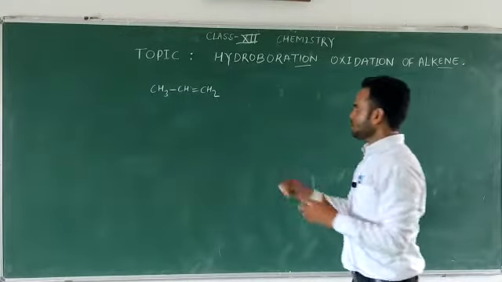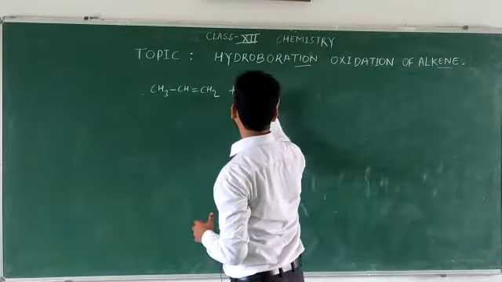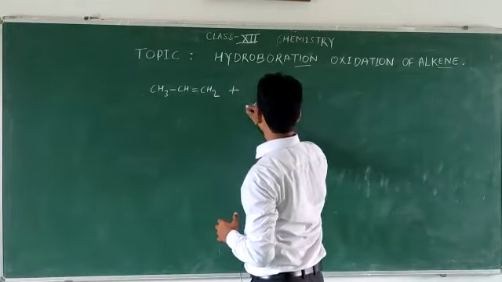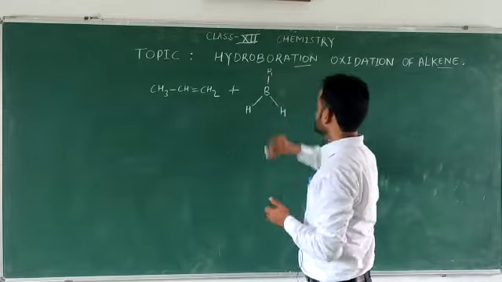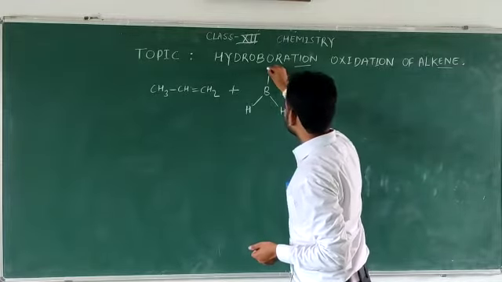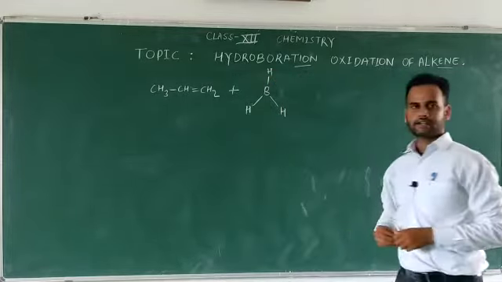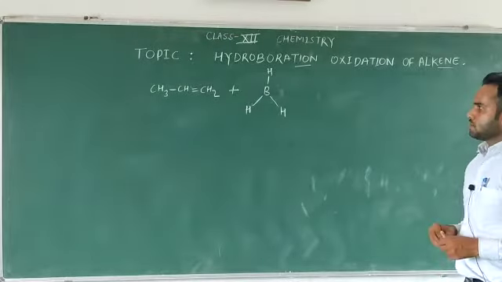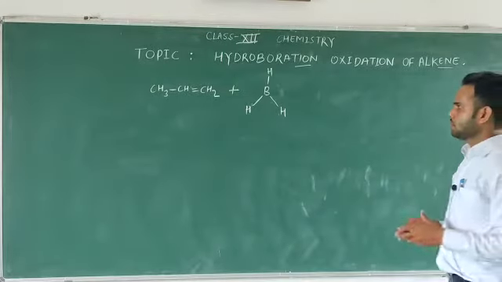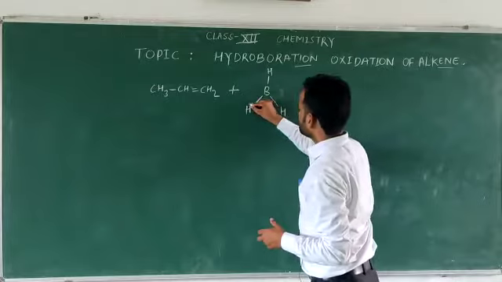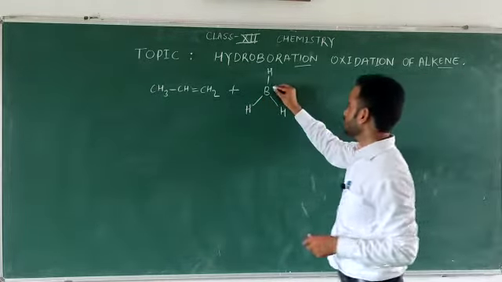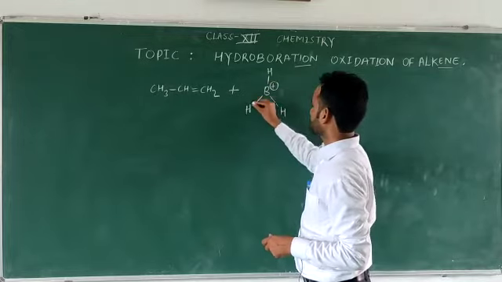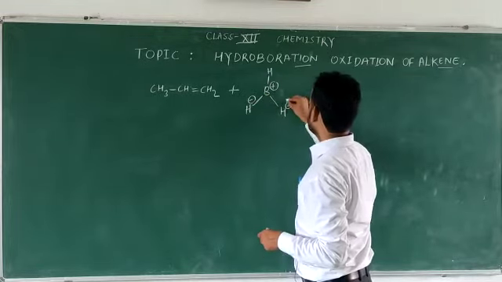Okay, so if we react it with boron trihydride, BH3. Now in the mechanism, in the process, we would try to find out the partial charges. We know that boron is electropositive in comparison to hydrogen, and hydrogen is electronegative.